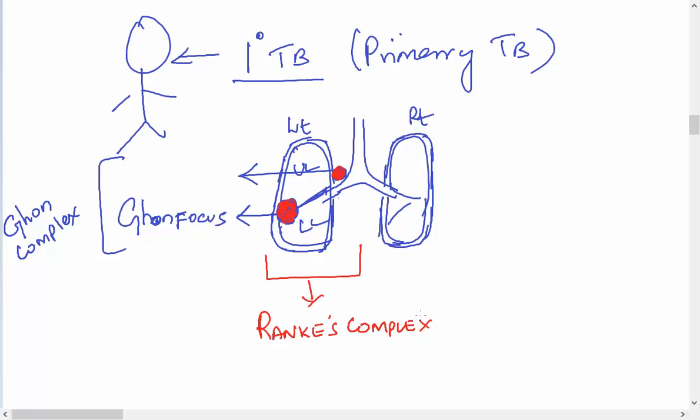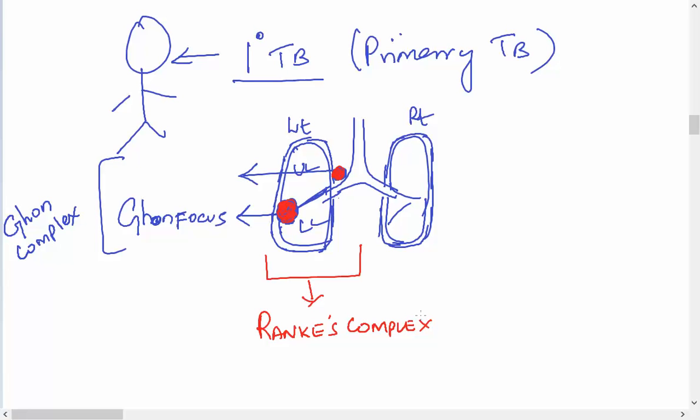One of the nearest is the hilar lymph node. They stimulate the T cell, which secretes interferon gamma and kills the mycobacterium, and they produce caseating necrosis, right? These two together are called Ghon complex.